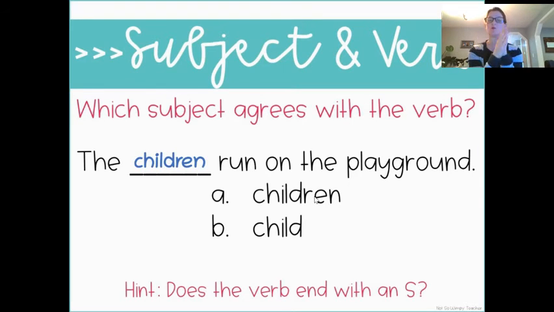And remember, if there's more than one or a plural subject, you don't add an S to the action verb. The children run on the playground. Yep, that sounds good. The child run on the playground? No. If it was just one child, we'd have to add the S to run, and it would be the child runs on the playground. But for this one, it's the children run on the playground.